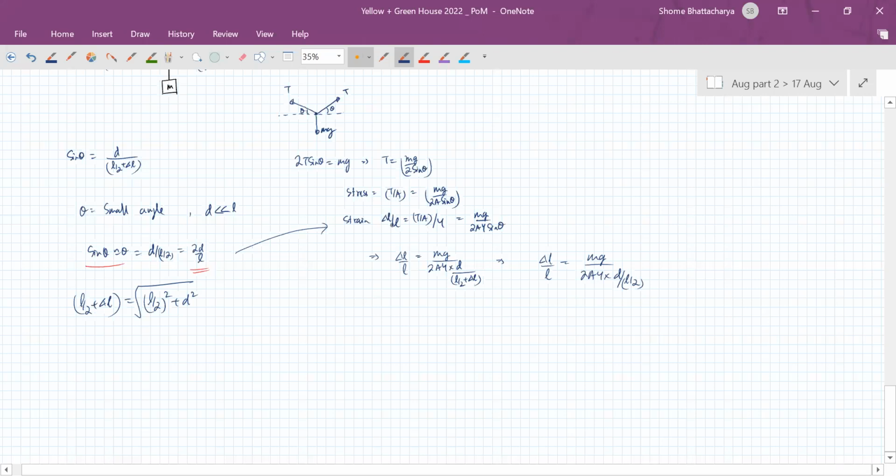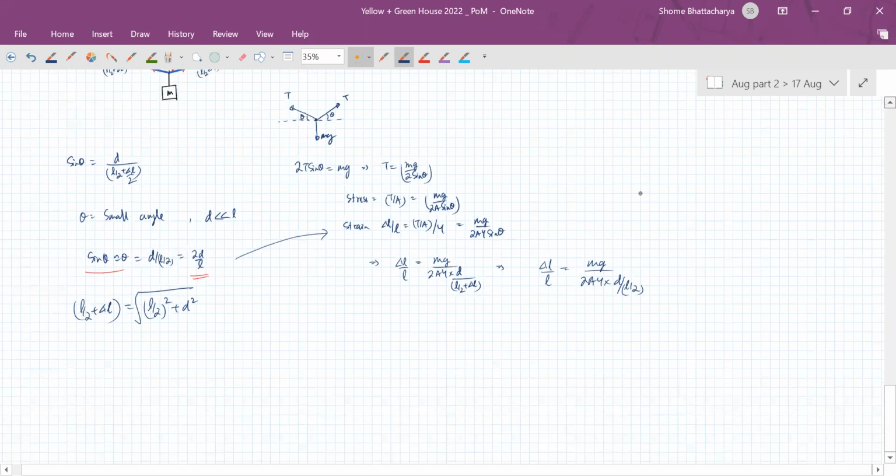There is just one thing here. There will be a factor of 2, because I have taken delta L to be the hypotenuse. L by 2 plus delta L is the hypotenuse. So the total length of the wire has become L plus 2 delta L. Or basically I should take this by 2. That will be the easier way to understand it.